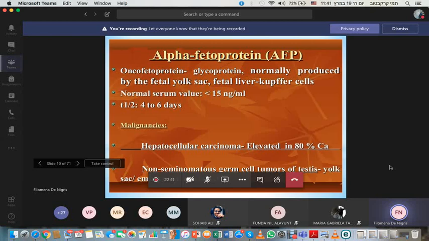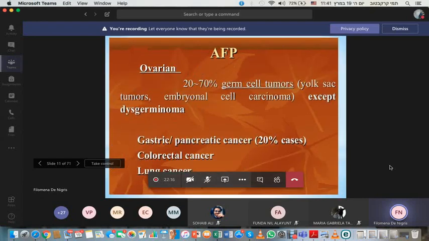This marker is non-specific because also ovarian cancer can express alpha-fetoprotein, and also other kinds of tumors such as colorectal carcinoma or lung cancer. But the take-home message is alpha-fetoprotein is a good marker to monitor or to help the diagnosis of hepatocarcinoma.